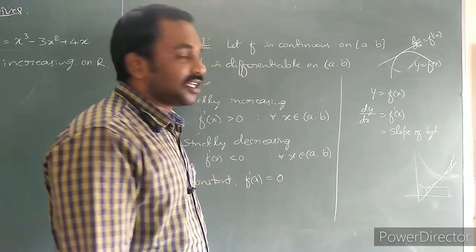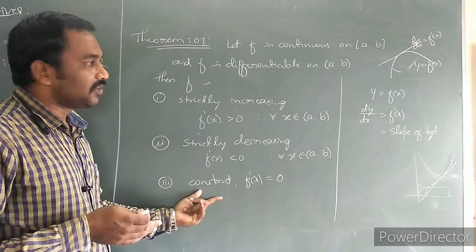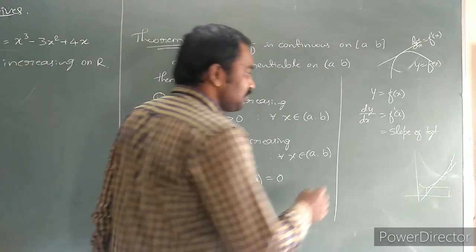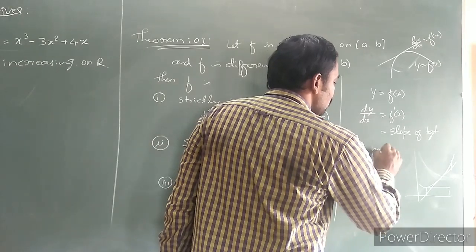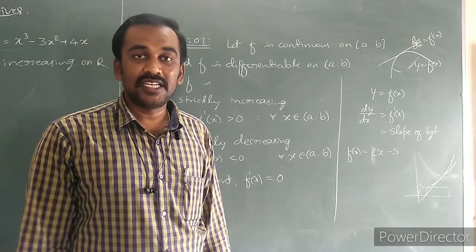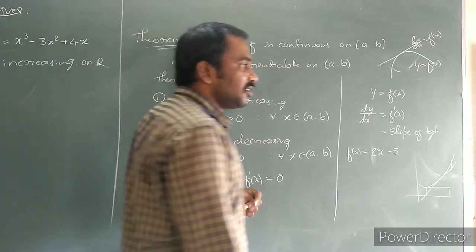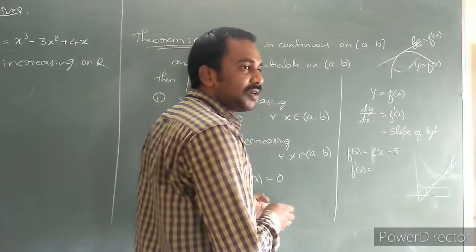With the help of the derivative, we can easily say this. In the first example, we took f of x is equal to 2x minus 5. You have already concluded that it is a strictly increasing function. Obviously we can say this by differentiating. What is f dash of x?